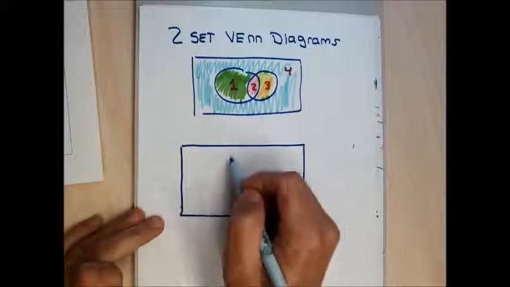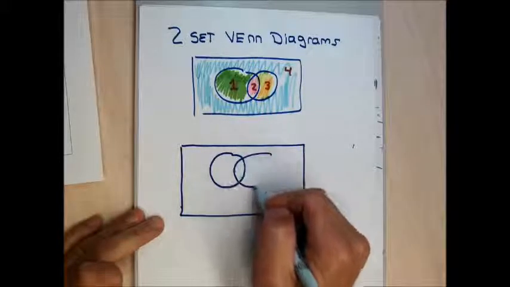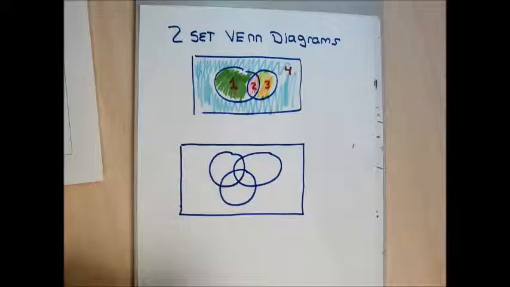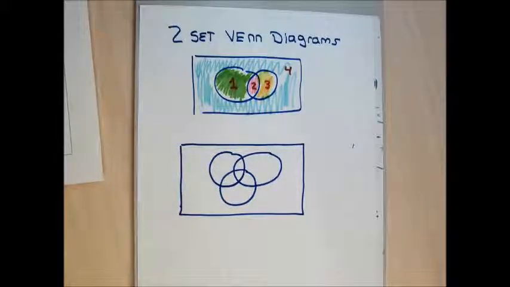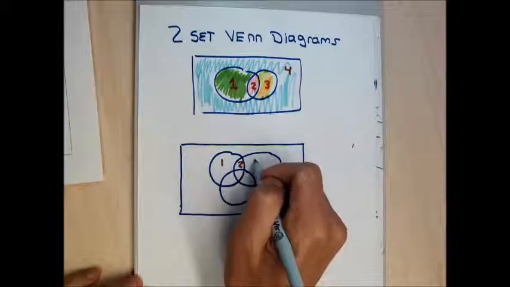For 3-set Venn diagrams, we're going to have 8 regions, and let me try to label the regions. I don't have enough colors to do 8 colors, but we'll see what happens here. I'm going to call this region 1, this region 2, and this region 3.